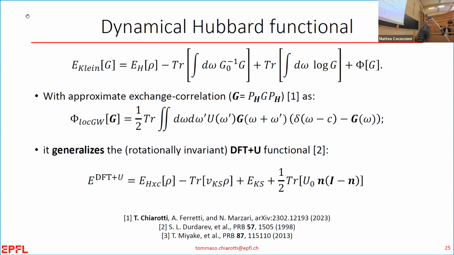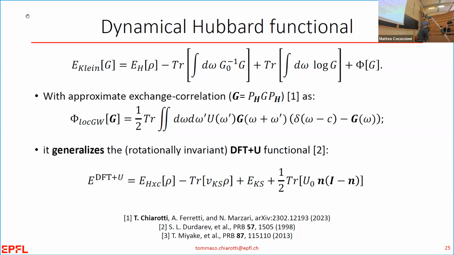I didn't say that actually G is not the Green's function, it's the projection of the Green's function onto a number manifold that you choose. And so you see that you are exactly building a generalization of the simplest rotationally invariant DFT+U functional, but with a screening which is dynamic.